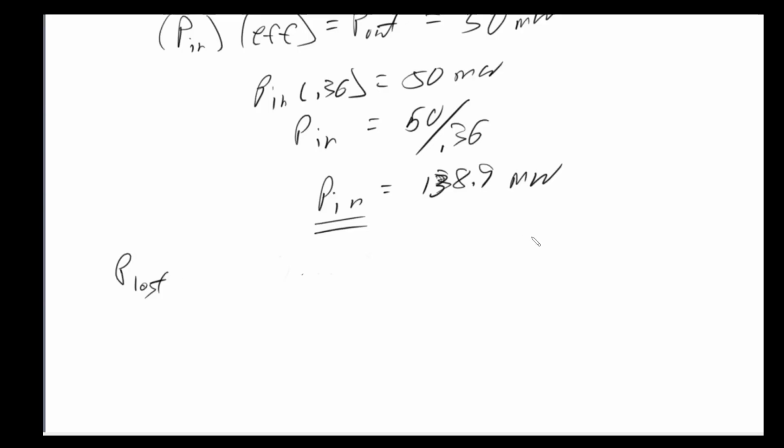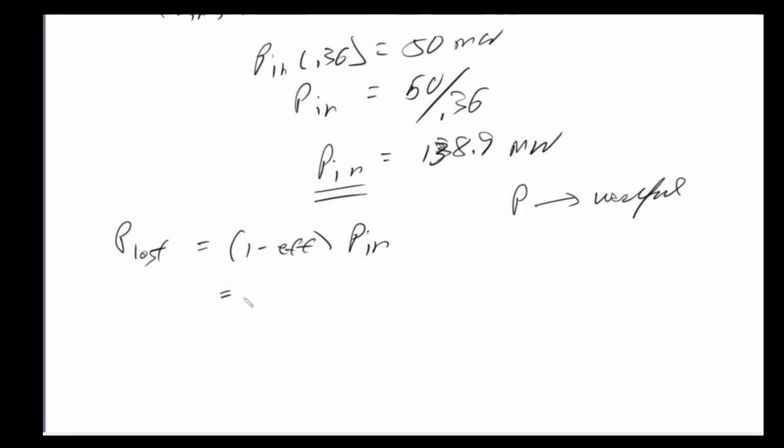Well, if the efficiency is the power that is useful, then what's left over is the power that's lost. So the power lost is equal to 1 minus the efficiency times the power put in.